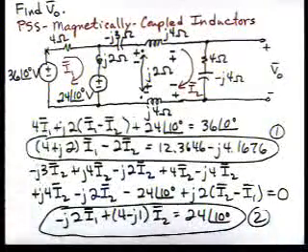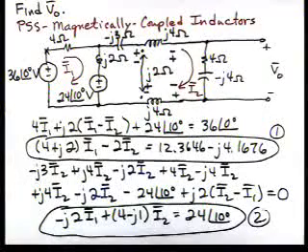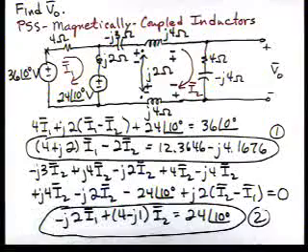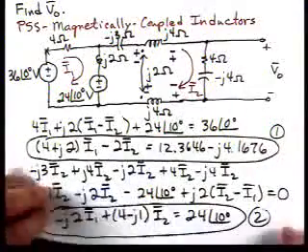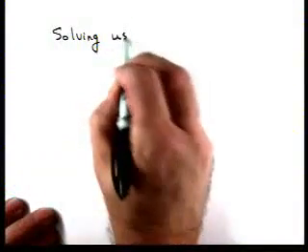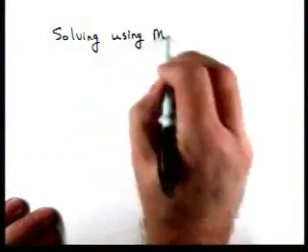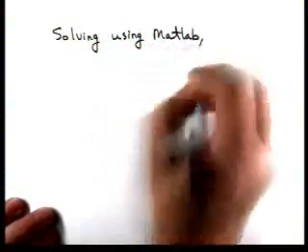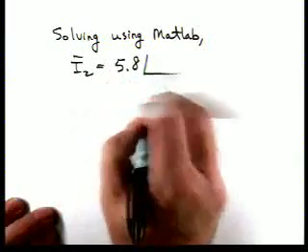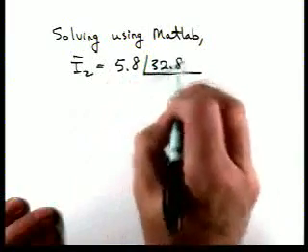So now we just need to solve those two equations, and we really only need I2. If we look, I2 flows through those two elements. So solving using MATLAB, I2 turns out to be 5.8 at an angle of 32.86.